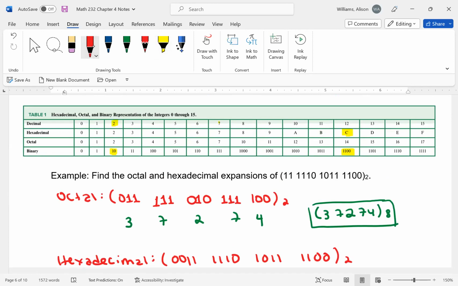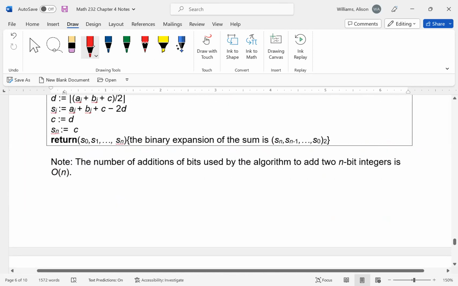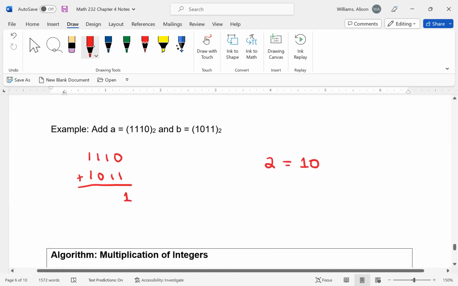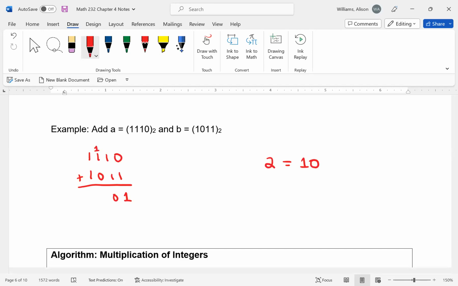So coming back down here, when those two add up to 2, that's really a 10 in binary, so I carry the 1. And then again, 1 plus 1 is 2, so I have another 10. So I carry the 1. Now this time I have a 3. So 3 is like the equivalent of 11.